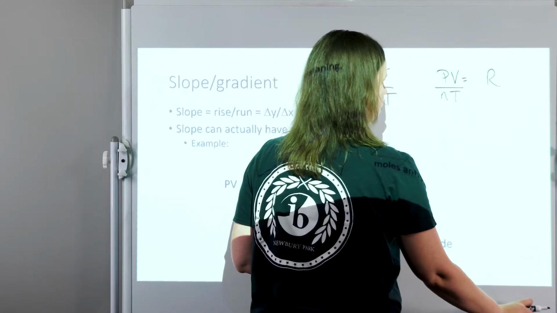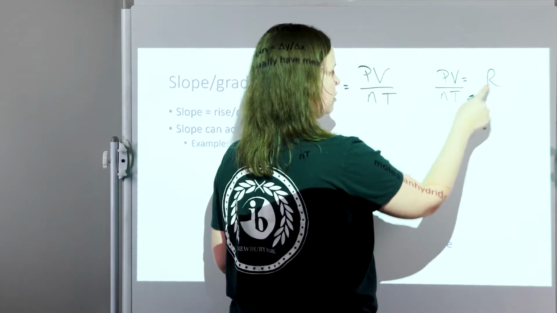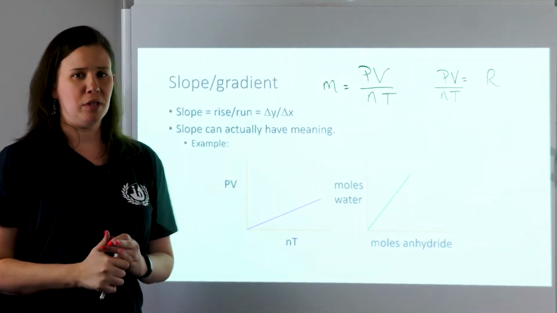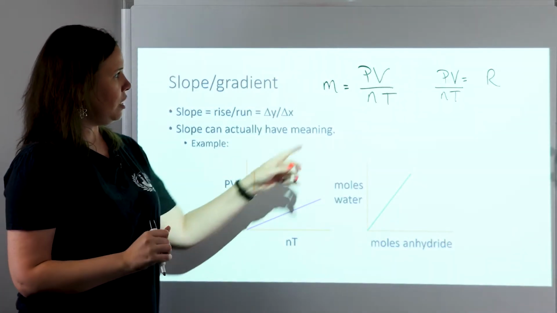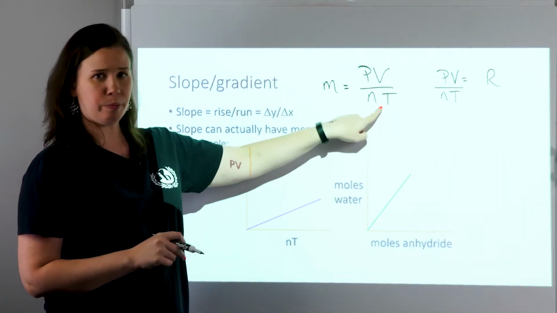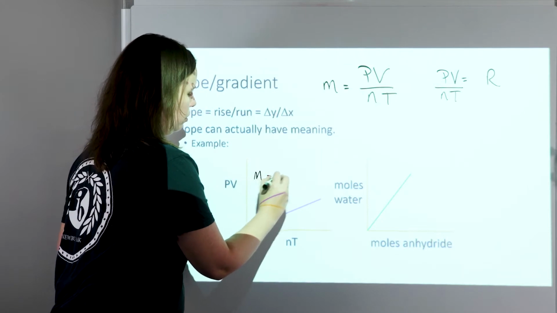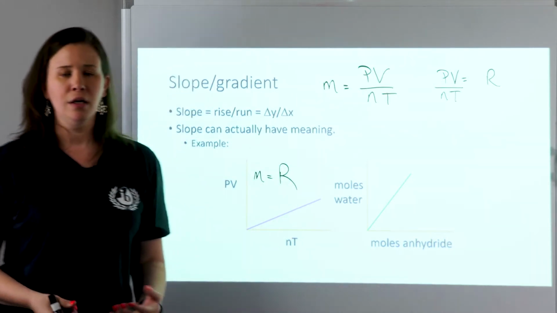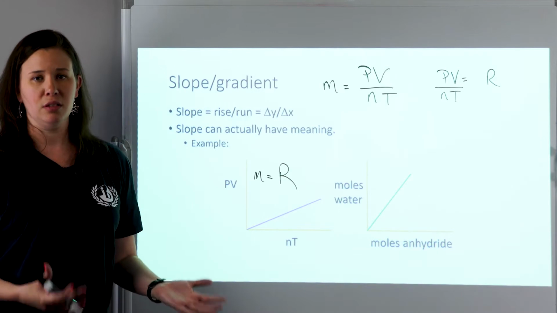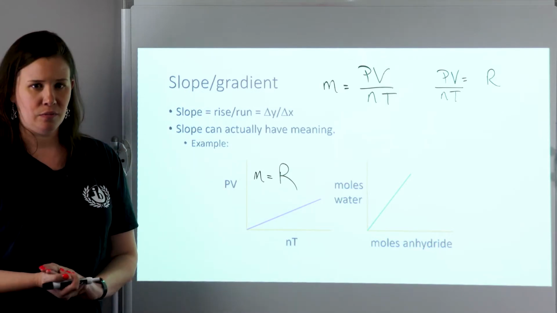And so PV over nT is equal to R just by manipulating the ideal gas law. So that means if I get my slope to be PV over nT, then the slope would actually be R. This would be a way that we could experimentally determine our gas law constant.